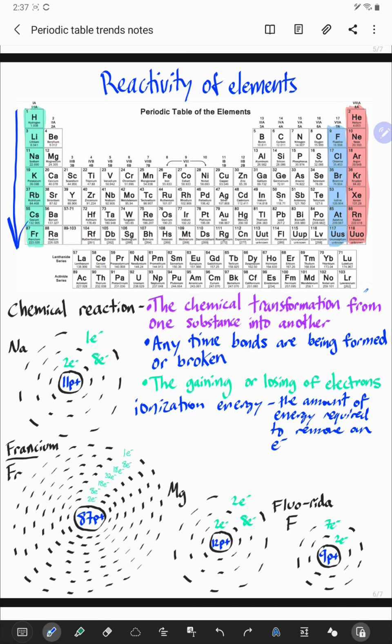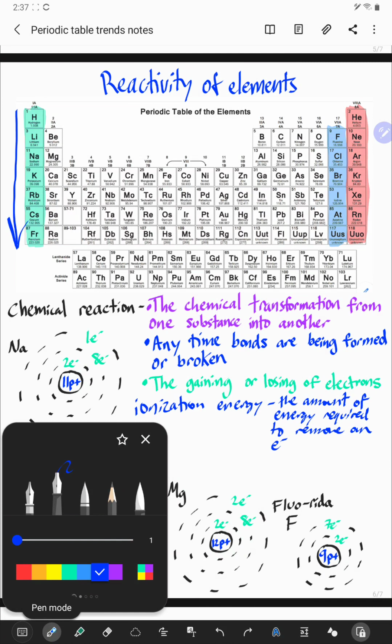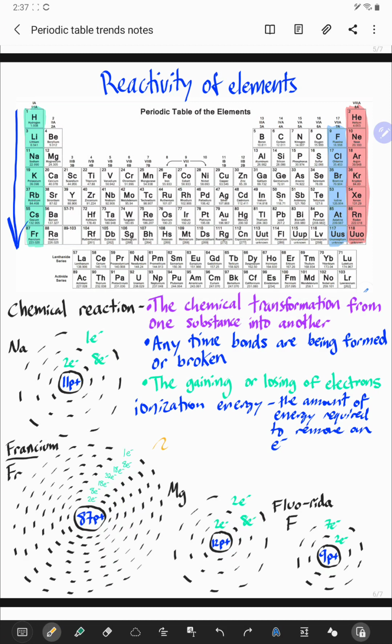So let's think to our definition of electronegativity. And electronegativity in simple terms is the tendency to attract electrons.